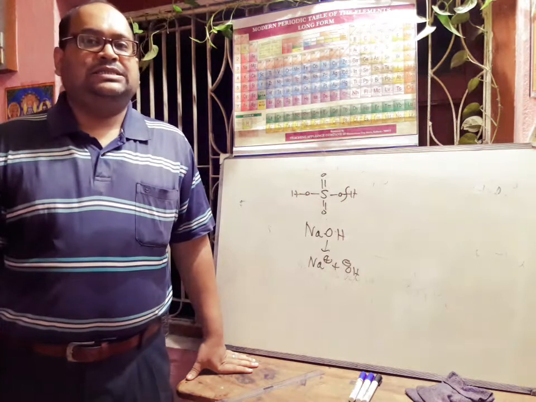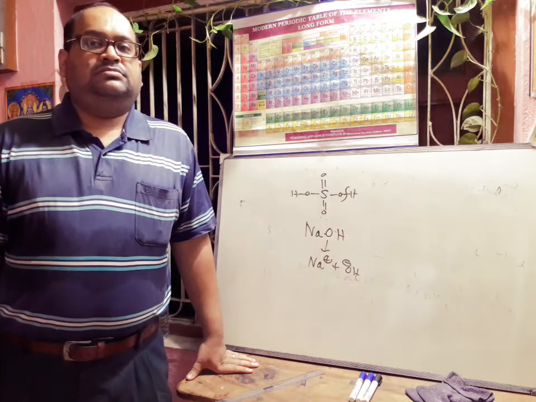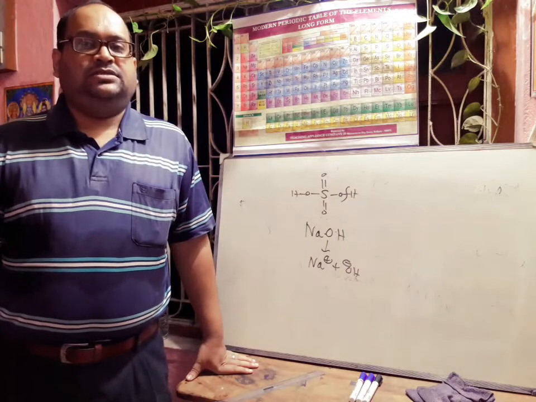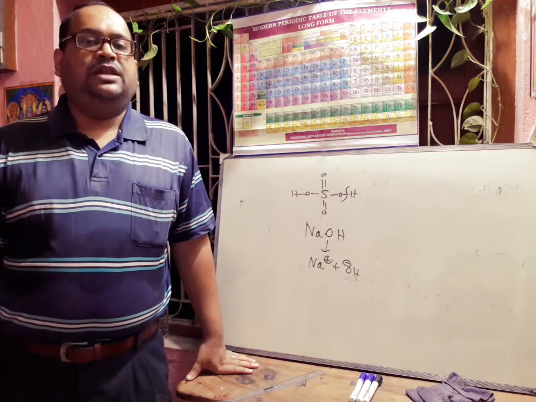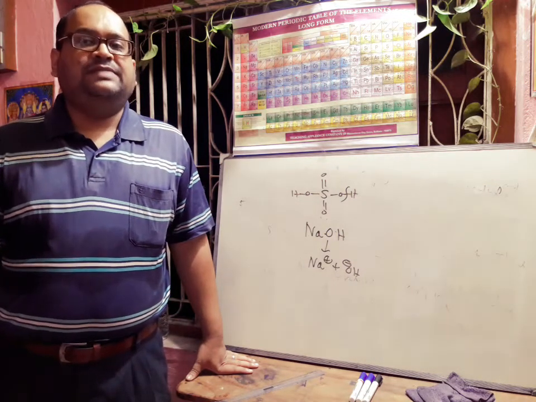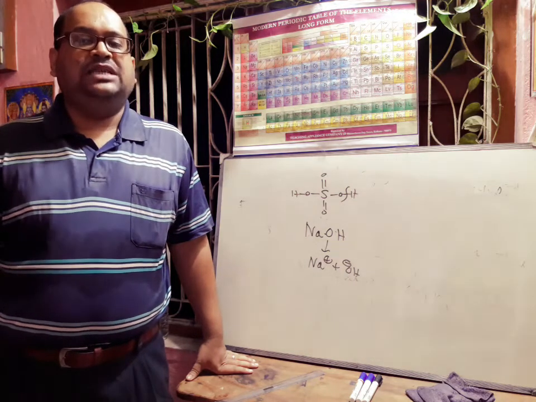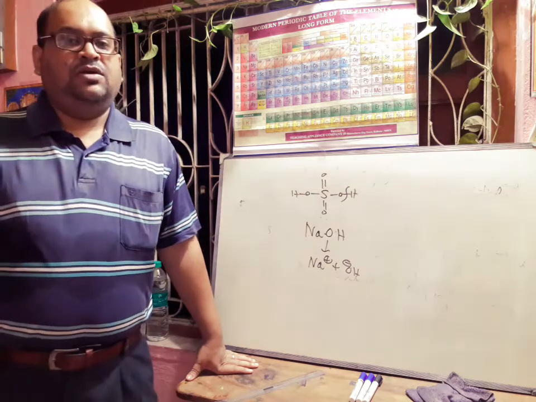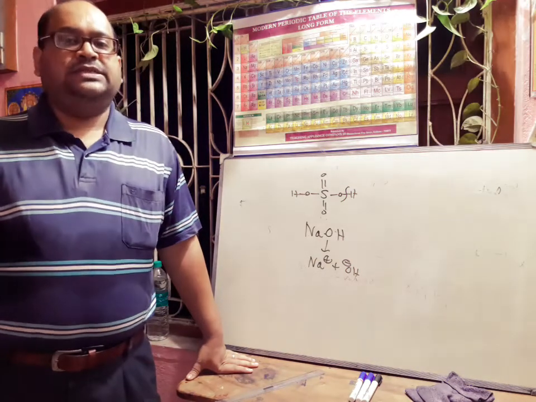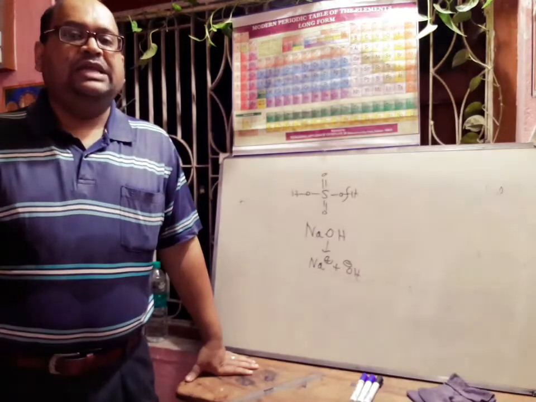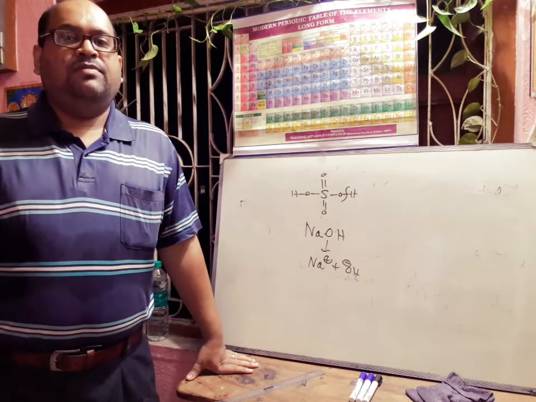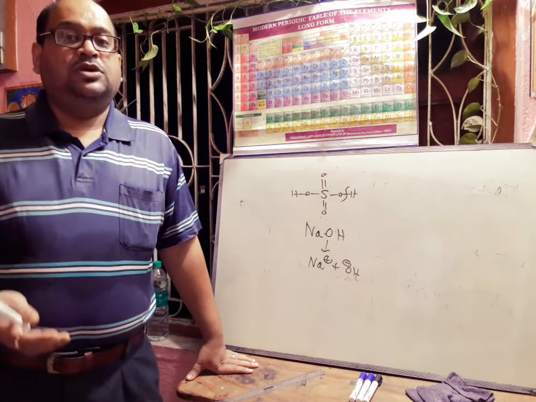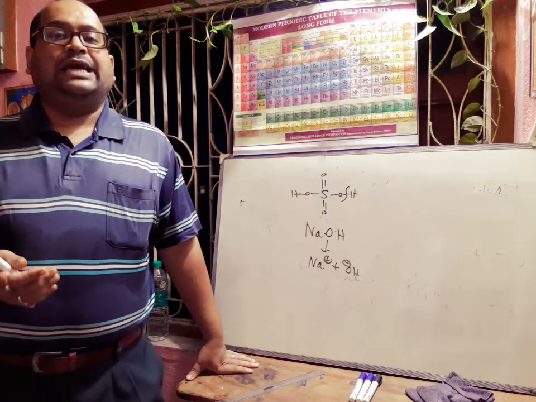Next we will discuss some anomalous properties of the second period elements. It has been observed that the properties of the first element of each group differ markedly in many respects from the other elements of the same group. Lithium and beryllium form compounds with pronounced covalent character.